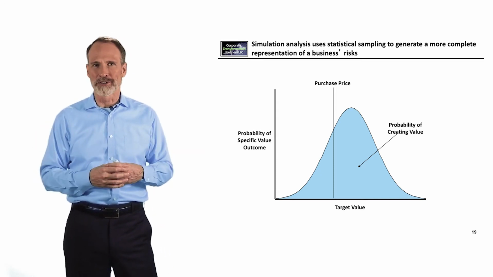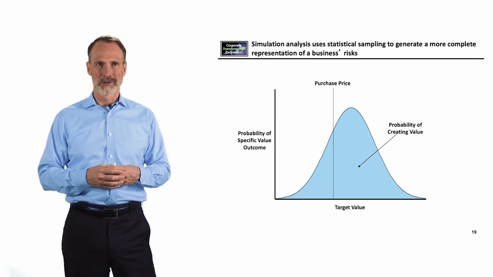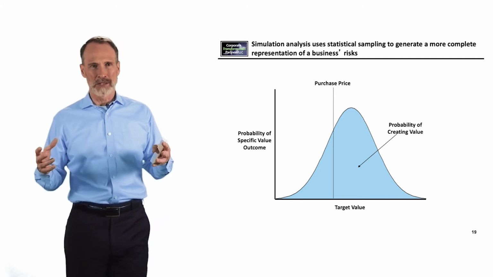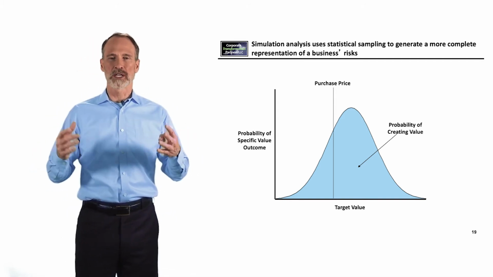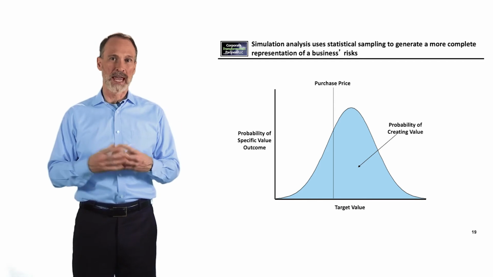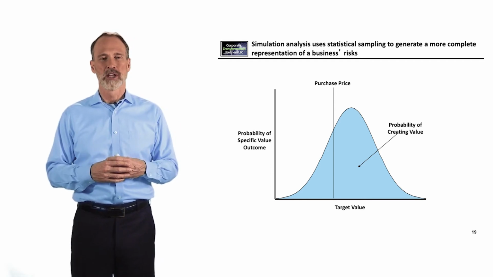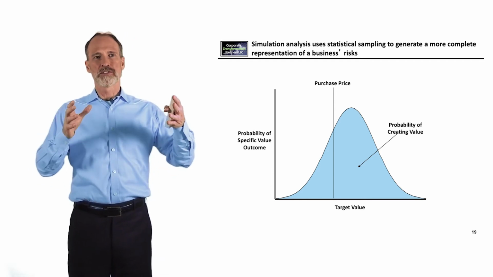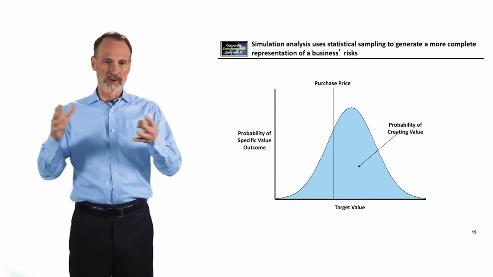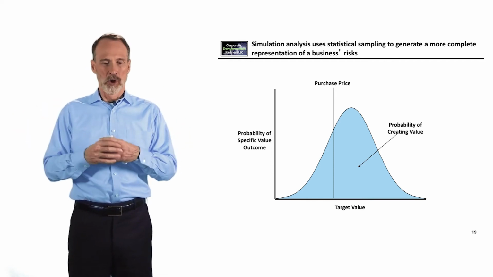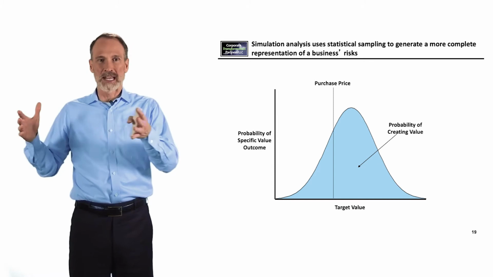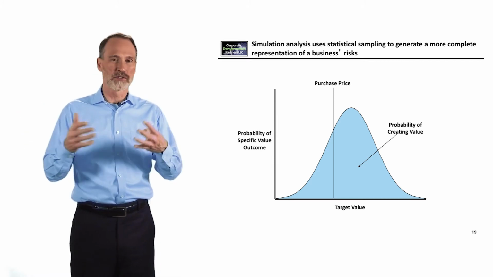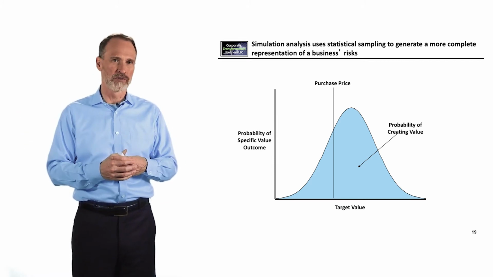Come on, get real, right? You're never that certain. So why not do a better job of representing the true uncertainties as you understand them to be? You can actually look to what has been the historical volatility of sales. What's been the range and standard deviation of profits or taxes or other things that you've seen in the past.